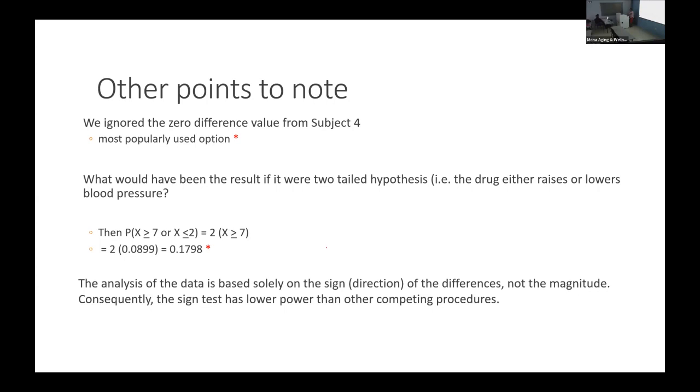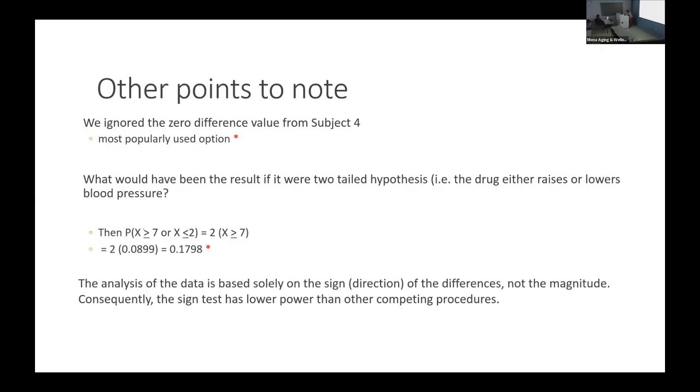All right. So the next thing here on this slide, it says, what would have been the result if we did a two-tailed hypothesis? So if we said the drug either raises or lowers blood pressure, what we would be looking at is the probability of, let's say, positives greater than or equal to 7, or negatives less than or equal to 2.